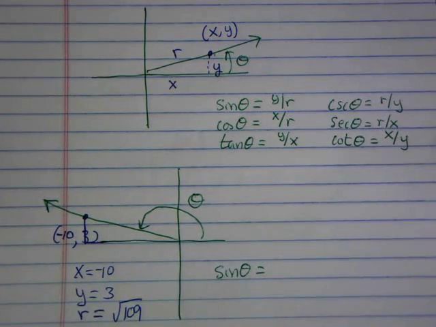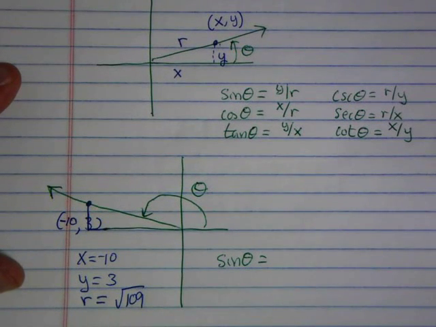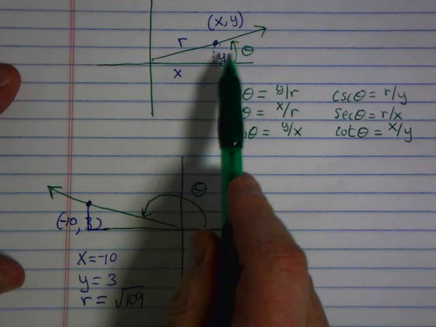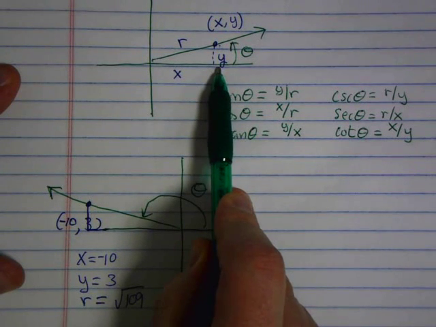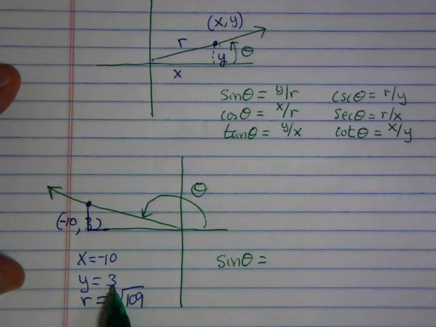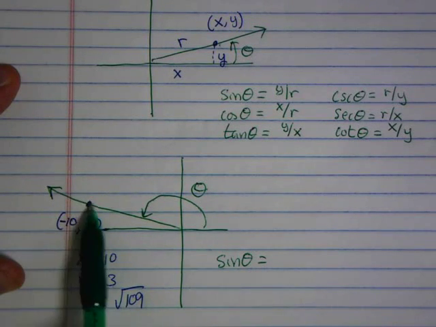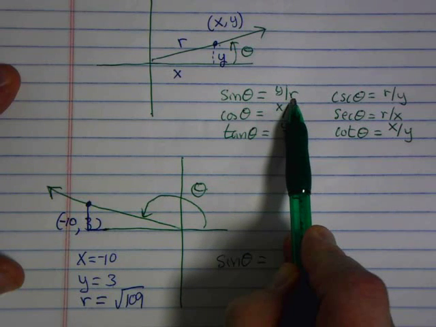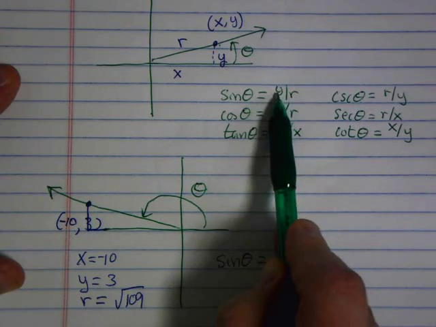All right. What's the sine of theta? Sine of theta is opposite, which is the y number. The y number is always the opposite. The y number is 3 divided by the hypotenuse. The hypotenuse is the r number. So sine is always going to be opposite over hypotenuse. That's going to be y over r.